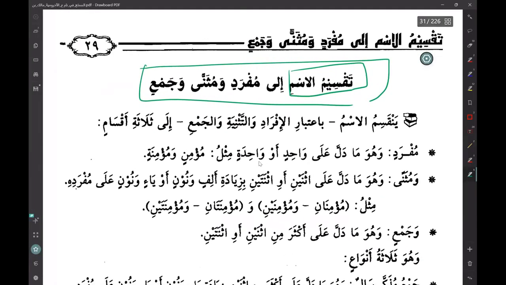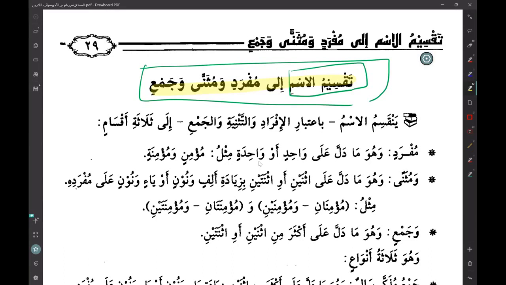So what did this book do? It gave you one taqsim. It only talked about dividing the noun in terms of numbers. Okay, mufrad, muthanna, and jam. This is something we'll start talking about. This will be our big topic, where we learn about them and also learn the i'rab of them.